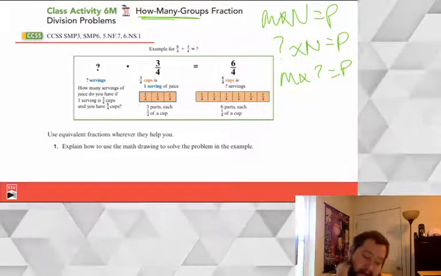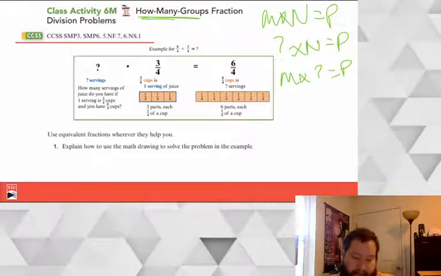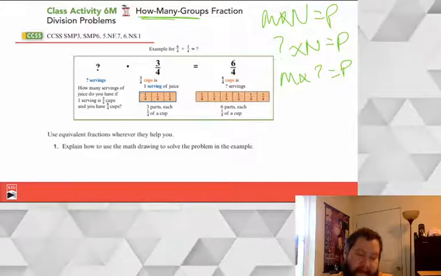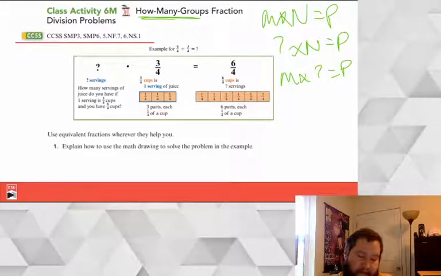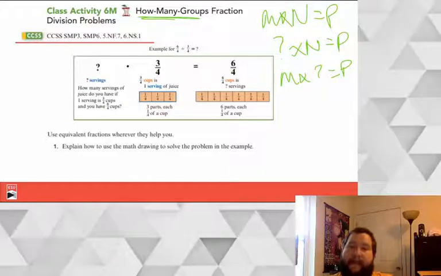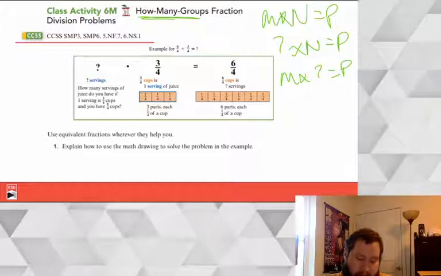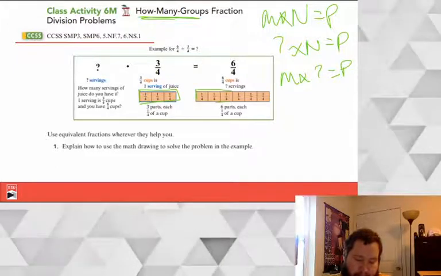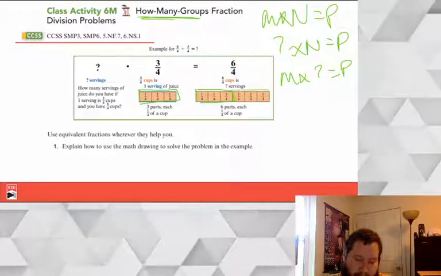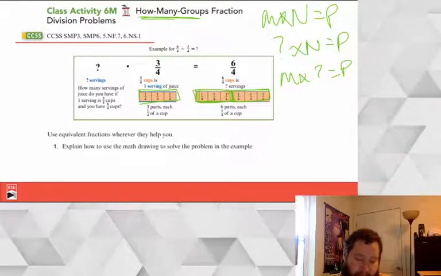And so here we have an example of 6/4 divided by 3/4. So it says, how many groups would be, how many servings of juice do you have if one serving is 3/4 a cup and you have 6/4 of a cup? Well, here is 1/3, and so there's 1/3 here, there's 1/3 here, and so when we divide that, we end up saying there are 2.